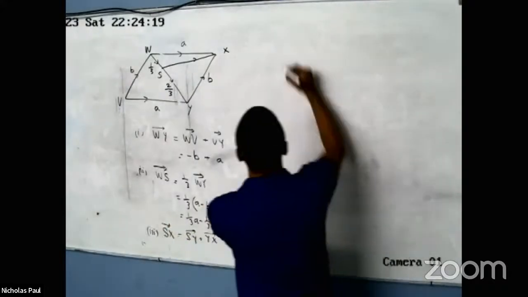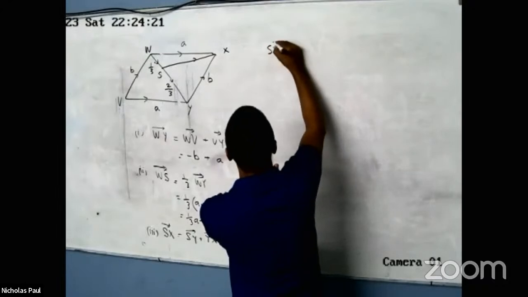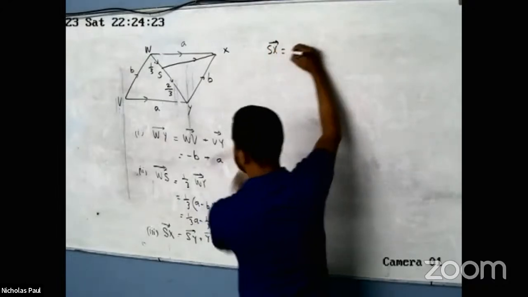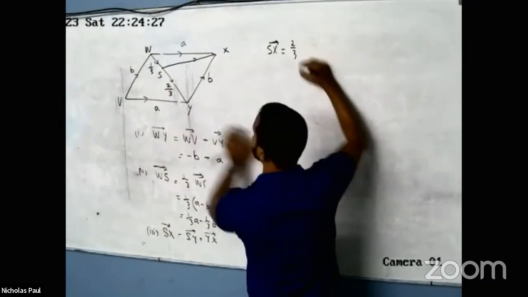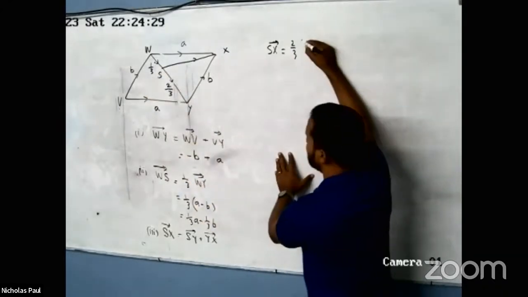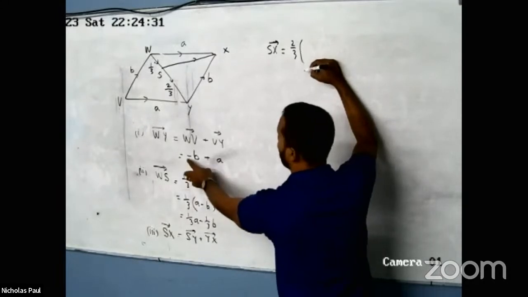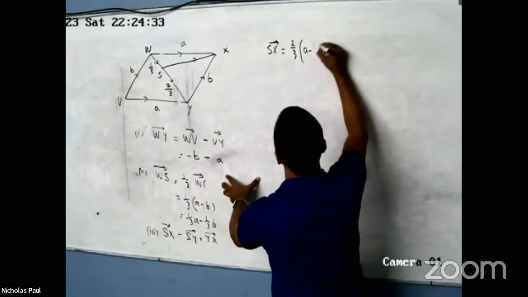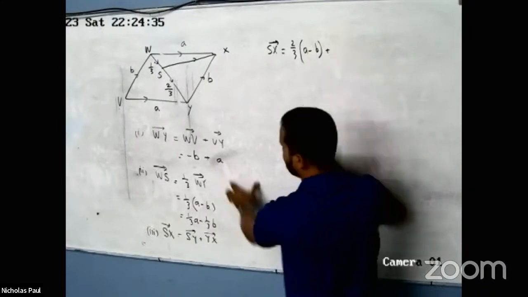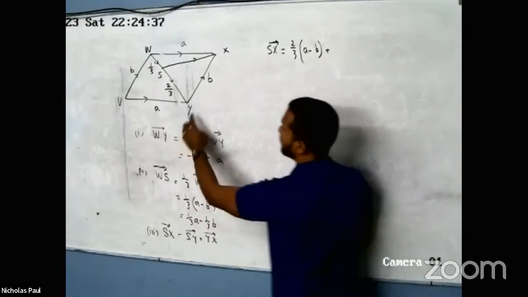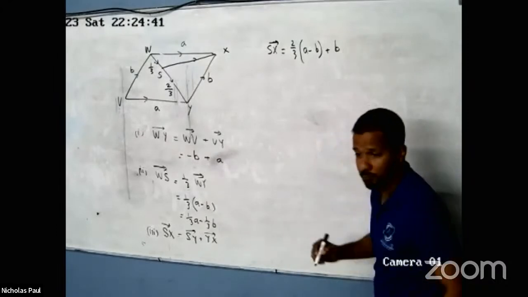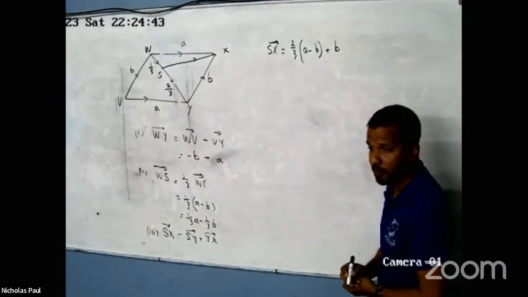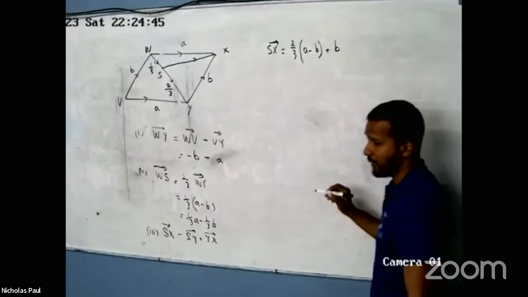Right, so SX is what? SX is SY. SY is 2/3 of the whole line. So it's 2/3 of A minus B, plus YX. YX is B. But you can't leave it like that. You have to simplify it, right?